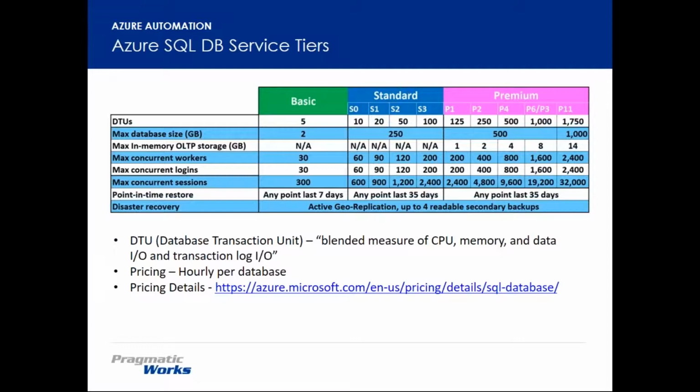DTU is another term that you want to be familiar with, and as I've mentioned on the slide here, Microsoft calls this a blended measure of CPU, memory, and I/O. It's just a way to quantify the power and capacity of the databases at each tier.